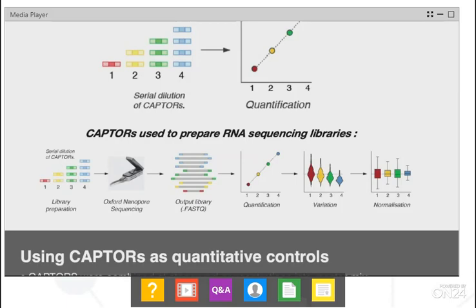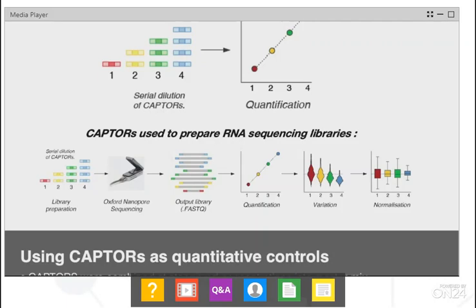And the way they can achieve this is actually quite simple. In this case, we combine the CAPTORs at different concentrations, so they form a serial dilution or a staggered concentration within a master mix. This means that within that master mix, some CAPTORs are rare, while other CAPTORs are abundant. This staggered master mix is then used to prepare a library as previously.